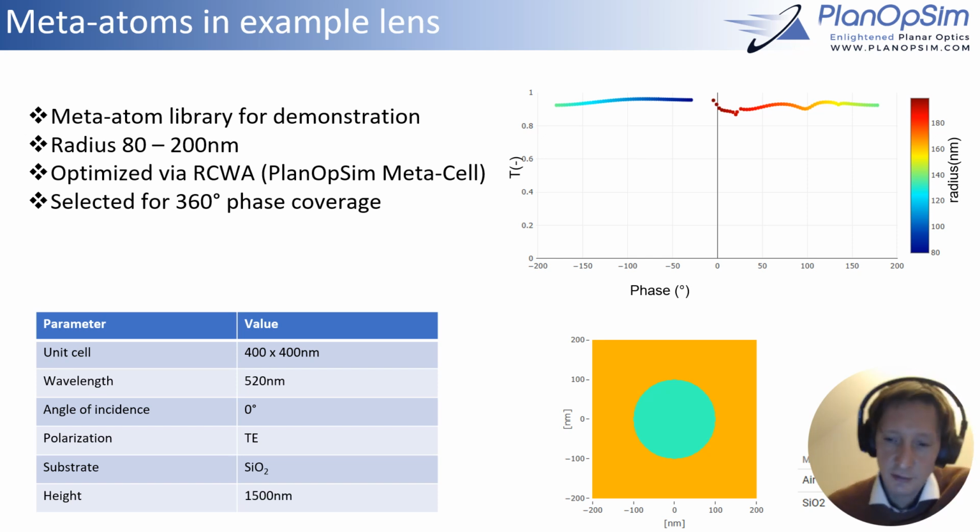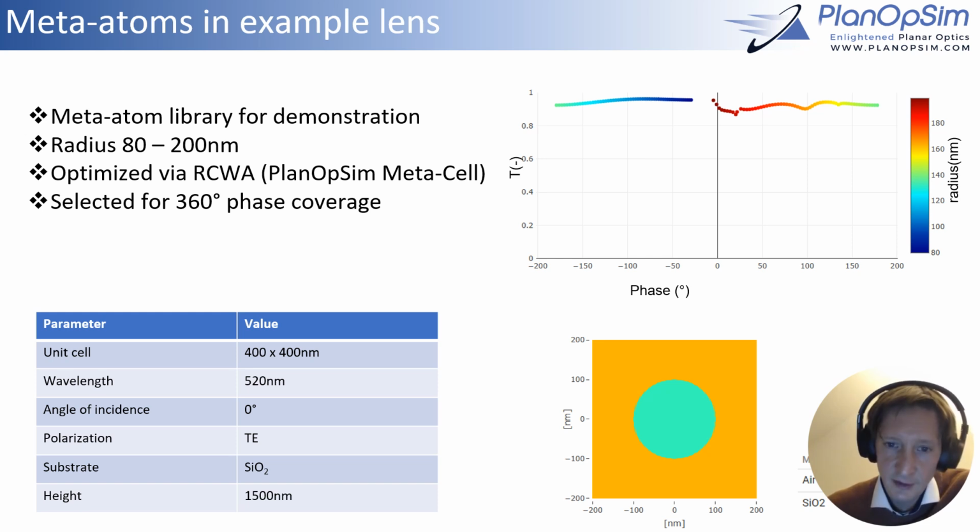And for this, I do a simple test here. You can do many others, but this is just an example. We make a structure here made out of fused silica on a unit cell of 400 by 400 nanometer, and we use our RCWA solver to simulate the radius and the phase and transmission of this structure versus the radius, which you see here as the color scale in this plot.